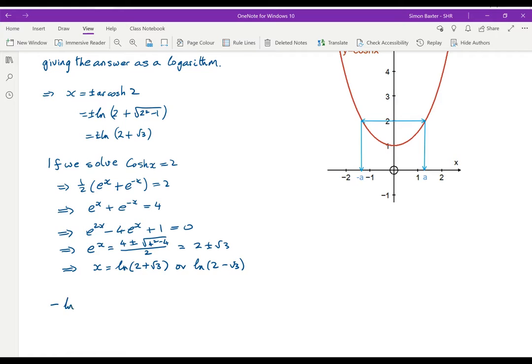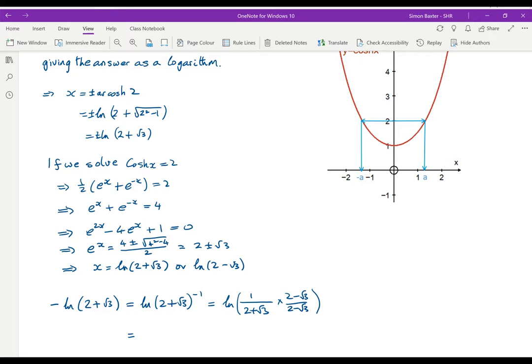Minus log of 2 plus root 3 is equal to log of 2 plus root 3 to the minus 1, which is log of 1 over 2 plus root 3 times 2 minus root 3 over 2 minus root 3. That's all within the logarithm.